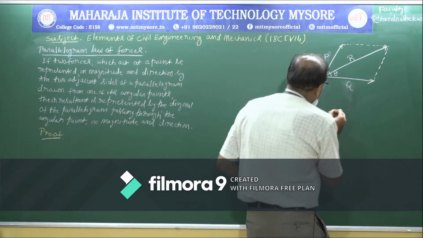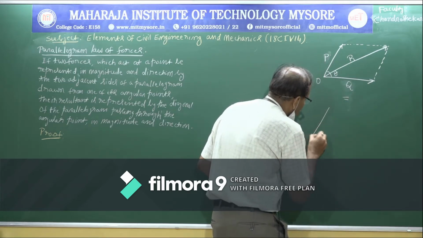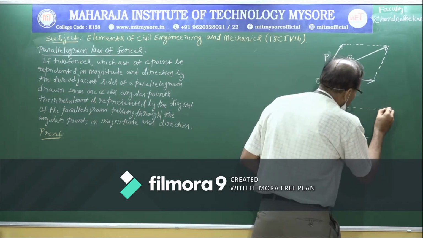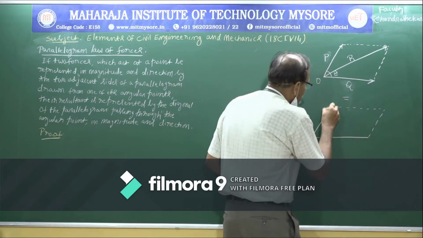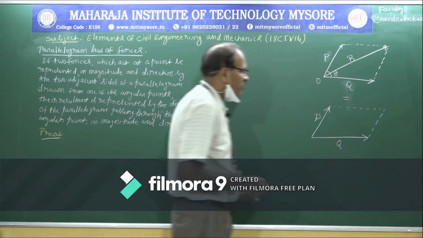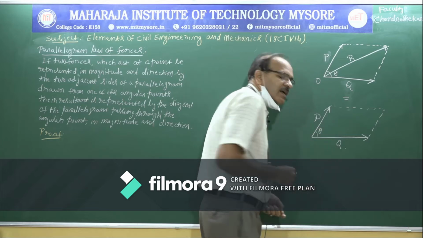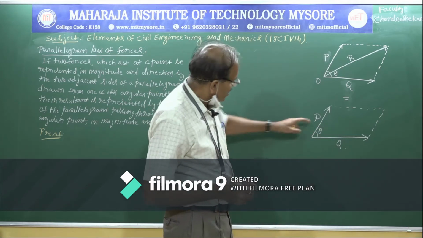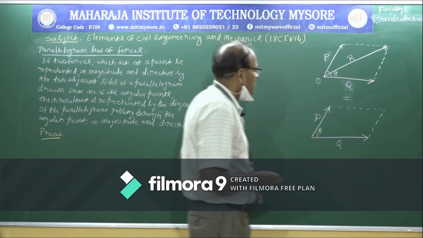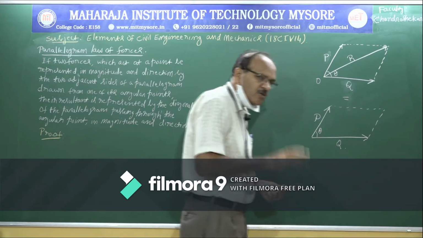So I am going to write the same two forces. That is the force P and the force Q, and if this is theta, that is the angle made by one of the forces with the other. So complete the parallelogram, and this is drawn to a certain scale.